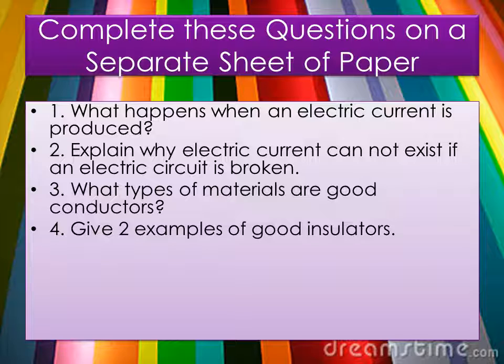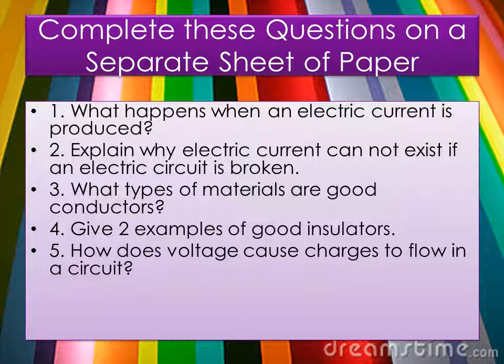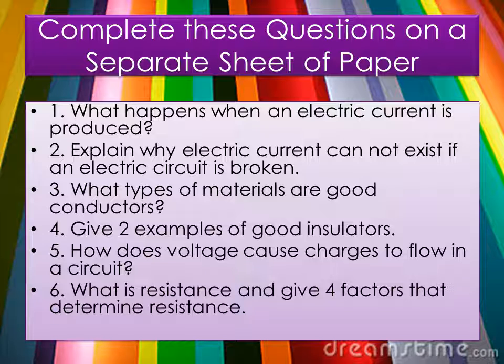Number 4, give 2 examples of good insulators. Number 5, how does voltage cause charges to flow in a circuit? And number 6, what is resistance? And give 4 factors that determine resistance.